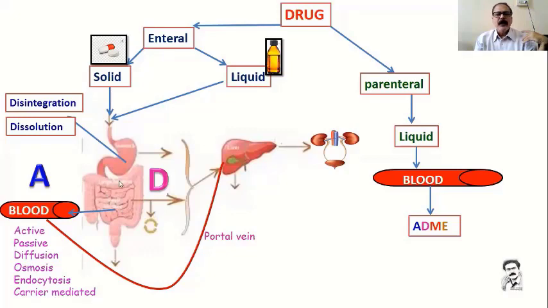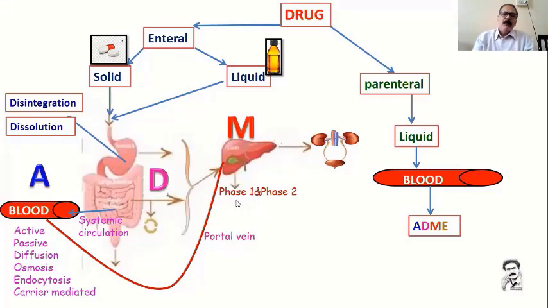So automatically, whatever drug we have taken will come into the intestine. From here, it will go to the liver, which is called distribution. After distribution, the reactions that take place here are considered metabolism. This metabolism has phase 1 and phase 2.